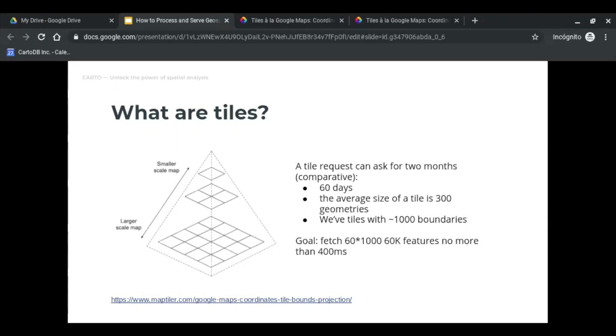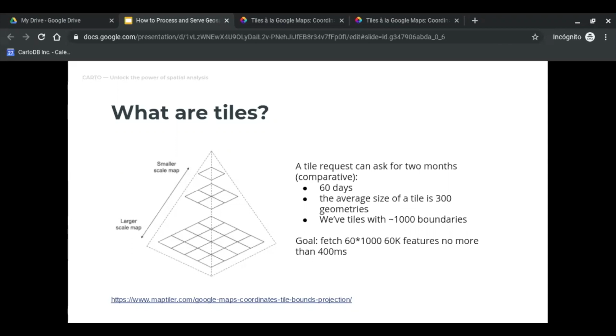I did the number in my head, so that is probably wrong, but it's something that makes sense to me. But we work with the worst case scenario. We take the biggest one, some tiles in Manhattan, that is like 1,000 boundaries inside of a tile. So for that, we need to fit like 60 days, and we have like 1,000 boundaries.